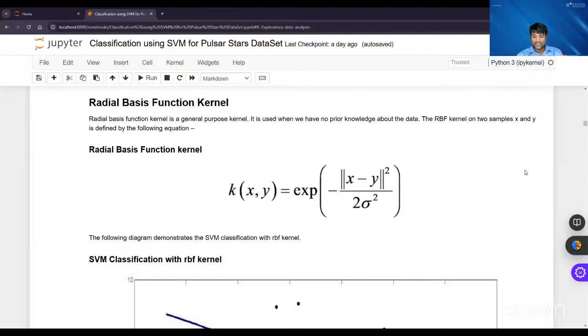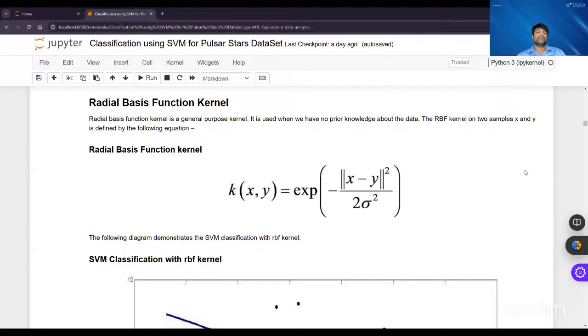Here it is the e power, or exponential, of the norm, two lines meaning the inner product space, of x minus x prime squared, divided by 2 sigma squared. So this is the basic function.